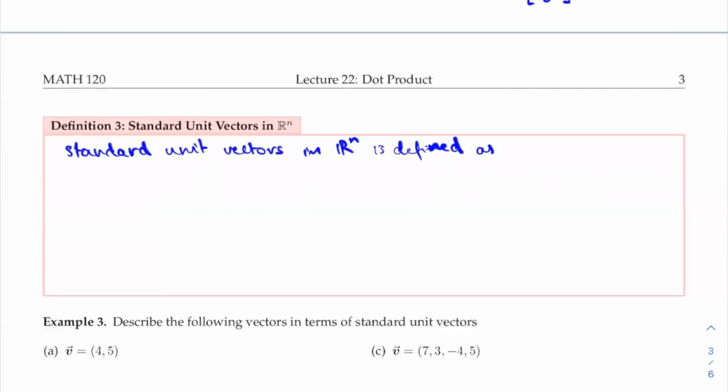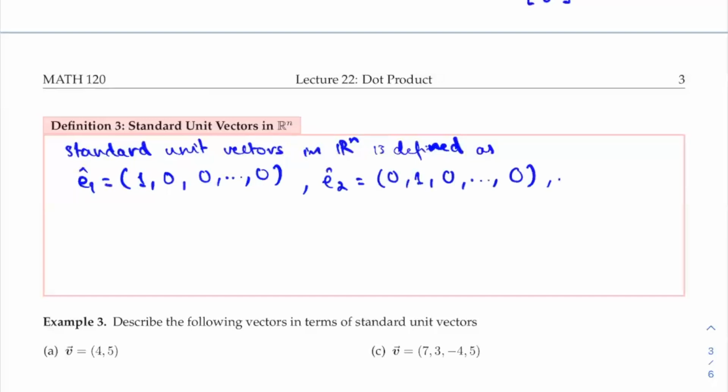So for the standard unit vectors in Rn, you use e1 hat, e2 hat, e3 hat, and so on and so forth up to en hat. Right, so e1 hat is the standard unit vector in the first direction, or in the first coordinate, whatever the first coordinate you're considering. In this case, you have n entries. Now, e2 hat is equal to (0, 1, 0, 0, ...), and you do this up to en hat.